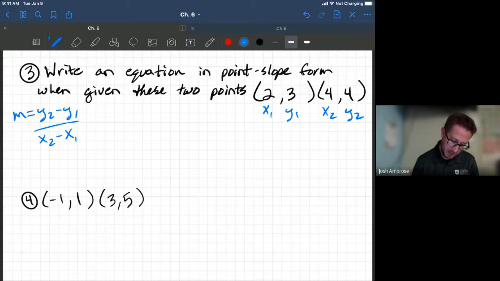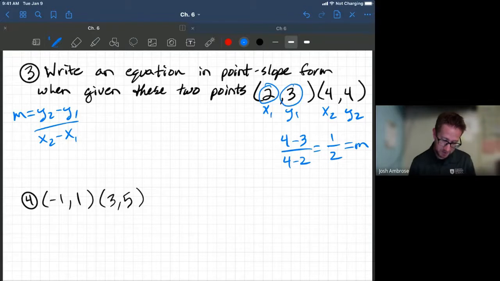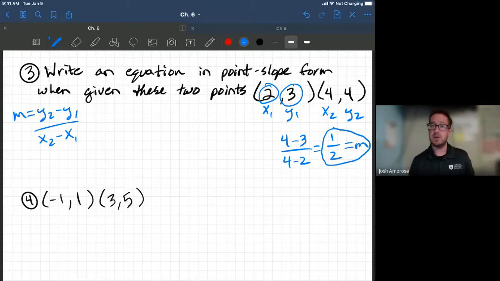All right, let's figure out the slope first. 4 minus 3 over 4 minus 2 equals 1 over 2. There's our slope. That's done. Now we're going to use our x and y values right there, and we're going to use our slope value right here and plug those into the point slope form.